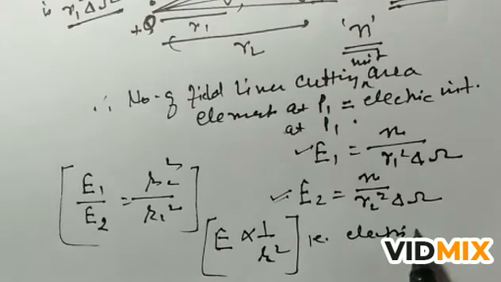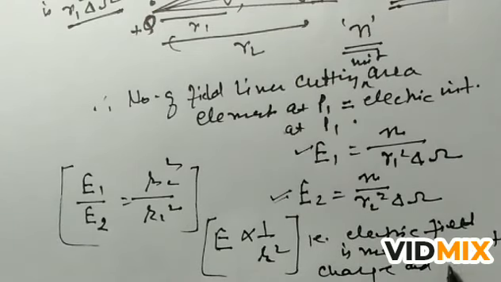Means if R is less, E will be more. Near the charge, electric field intensity is more, and away from the charge, electric field intensity will be less. So this is the relation.